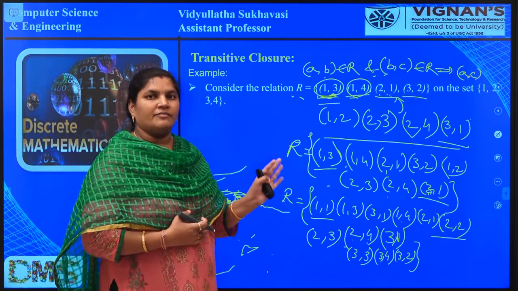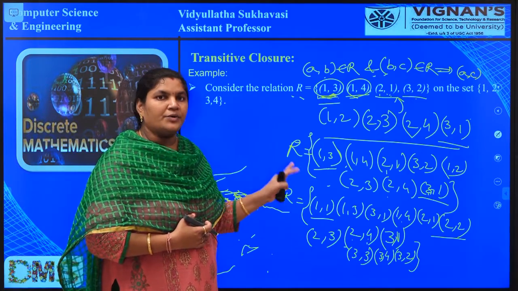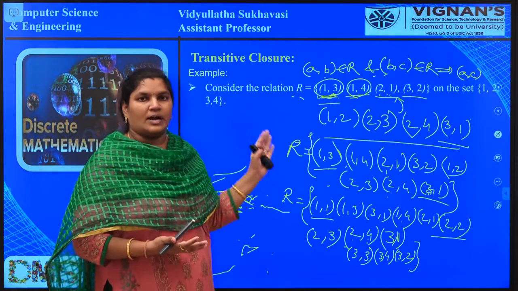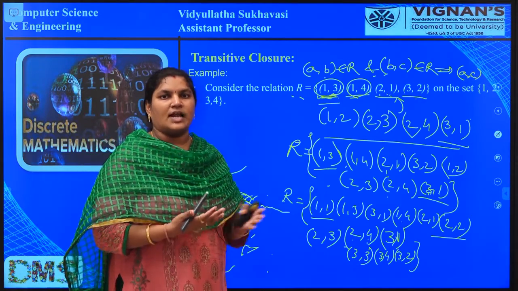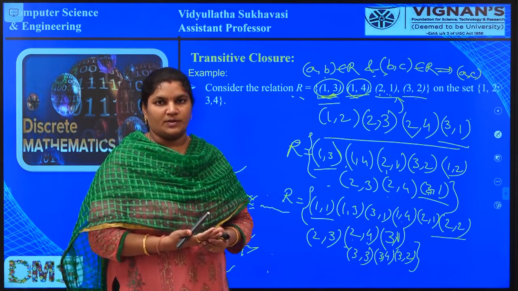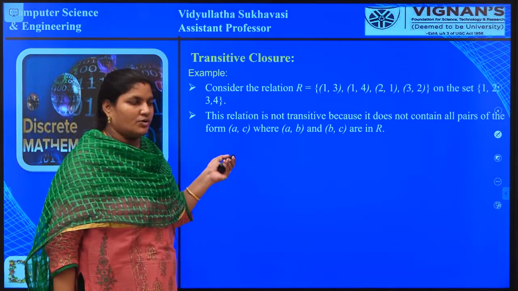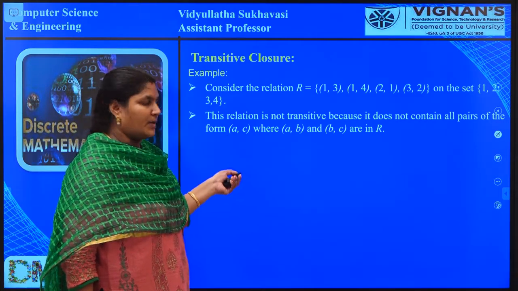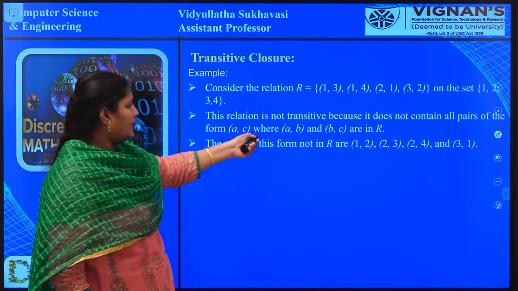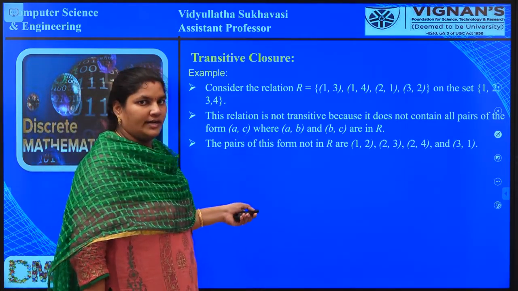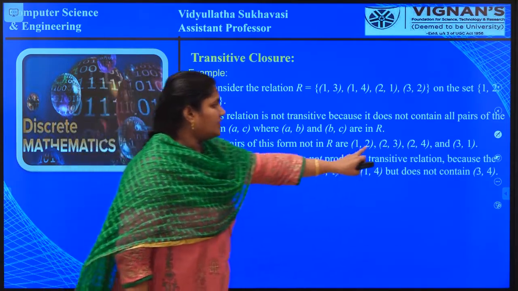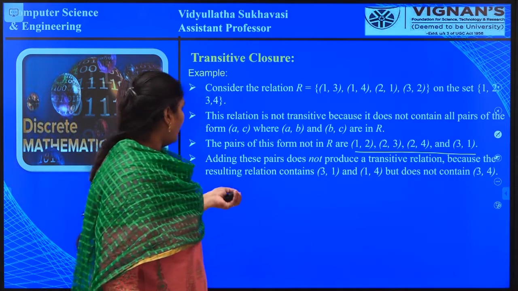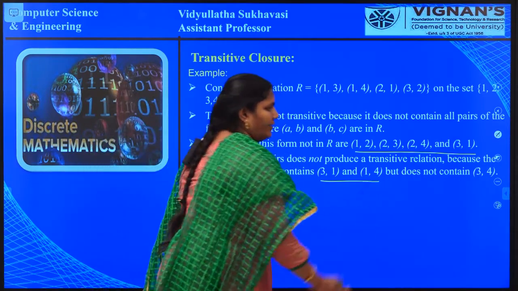So here we have learned how we are going to apply the closures for the relations. Compared to all three closures, transitive closure is a complex one. See here, for the transitive closure we are checking all the pairs against the transitive property, and whatever ordered pairs are not in the relation, we are going to add. First we added these ordered pairs, and next we added these two ordered pairs.